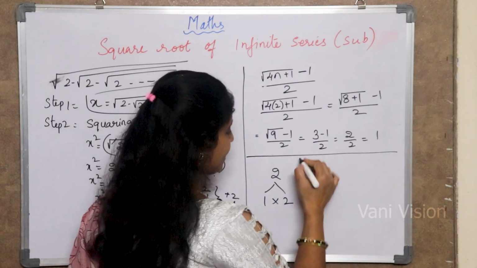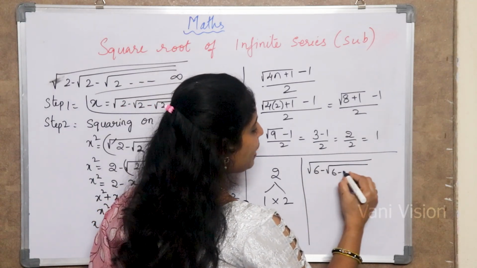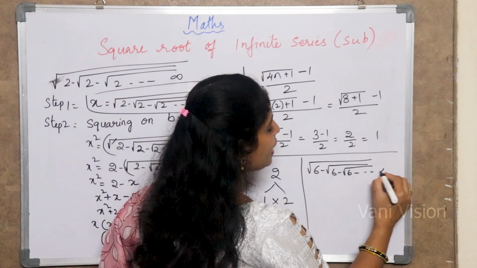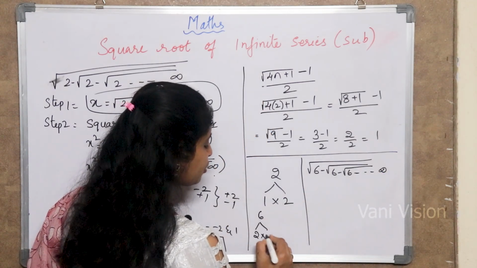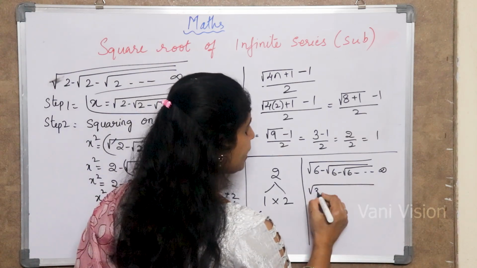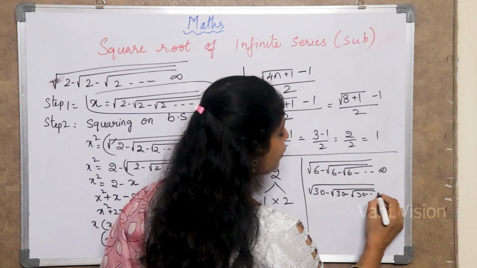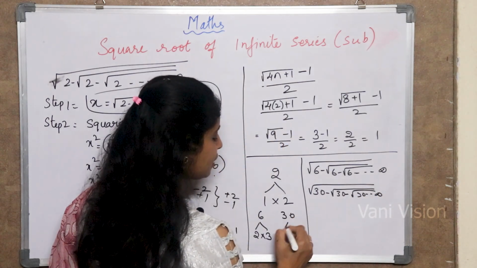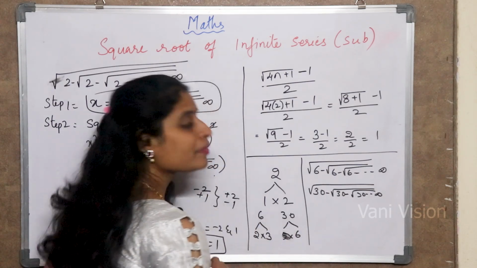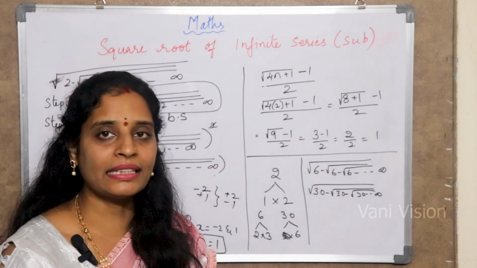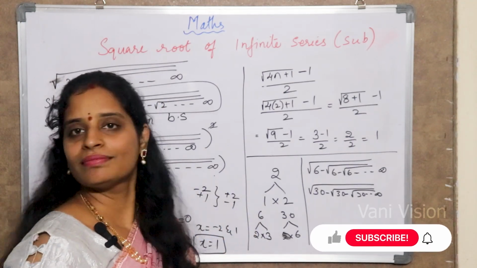Suppose I take root over 6 minus root over 6 minus root over 6 minus, and so on to infinity. Here also the consecutive numbers' product will be 2 into 3. If I take 30, 30, 30, and so on to infinity, then 30 is 5 into 6.